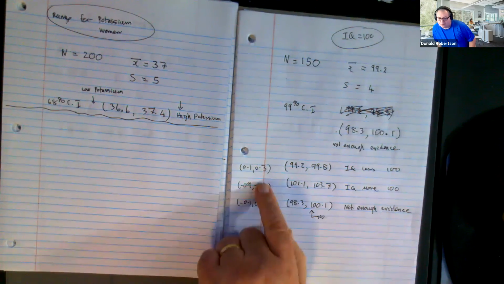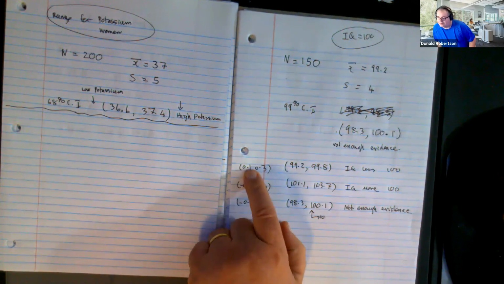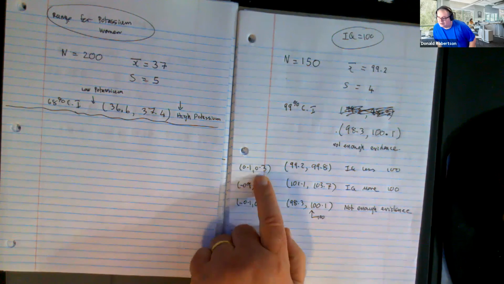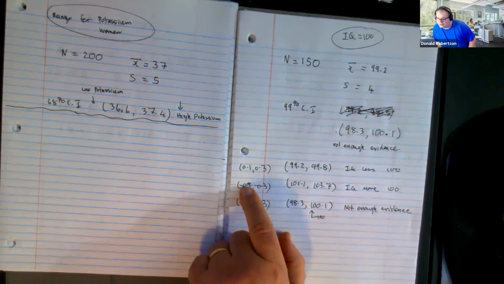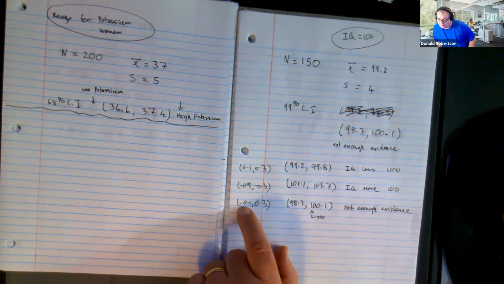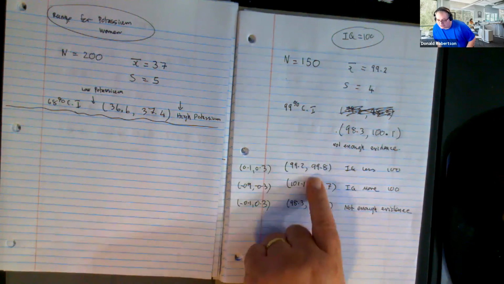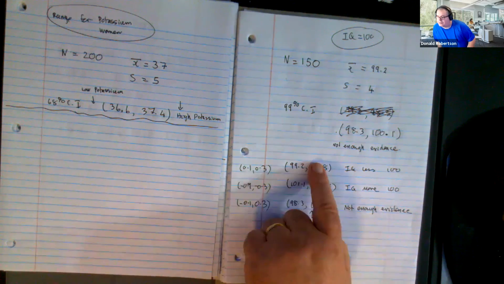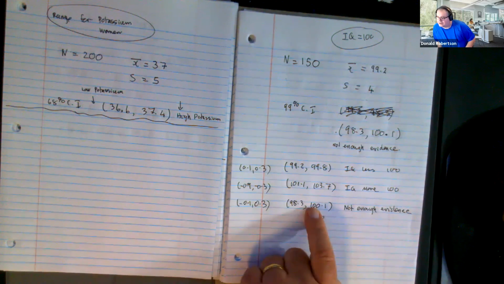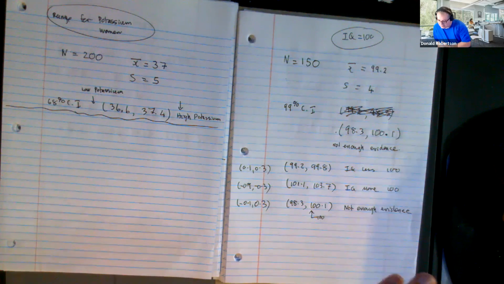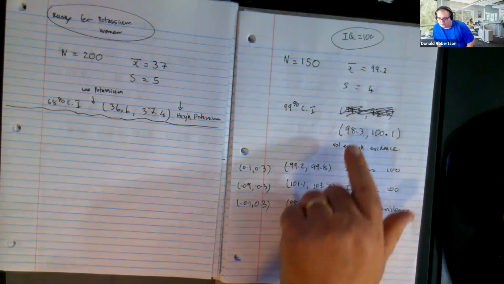Remember when we did proportions, if everybody was positive, the first thing was bigger than the second, or the first thing was less than the second, or you can't tell the difference. So although these are proportions and these are means, don't the intervals tell similar stories? You can look at an interval and you can make a conclusion depending on the context. In this case, it's IQs.